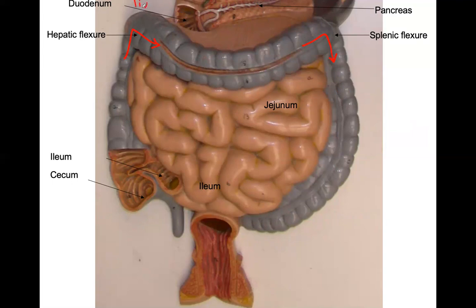The word we use for liver is hepatic. So basically this is the hepatic flexure. Flexure means curvature of the intestines. And then this side right here is your spleen. So this curvature is referred to as the splenic flexure because it sits right below the spleen.